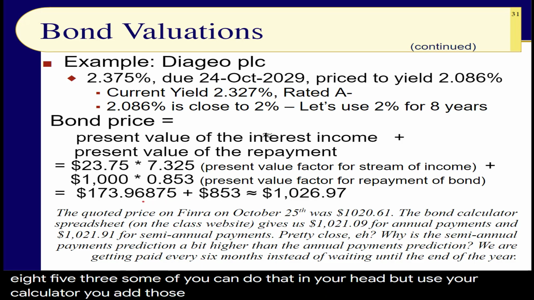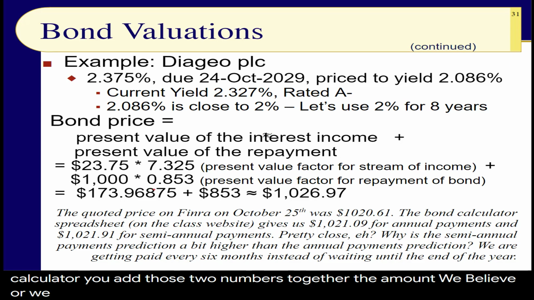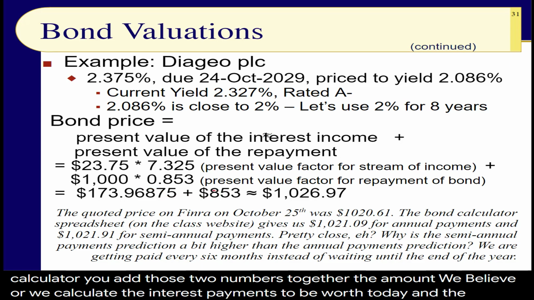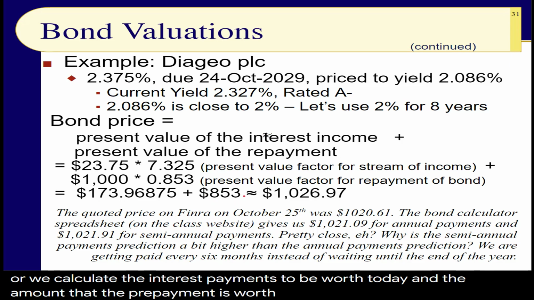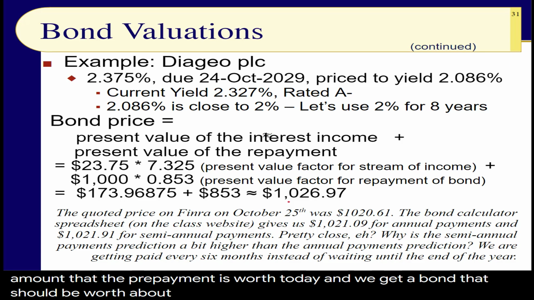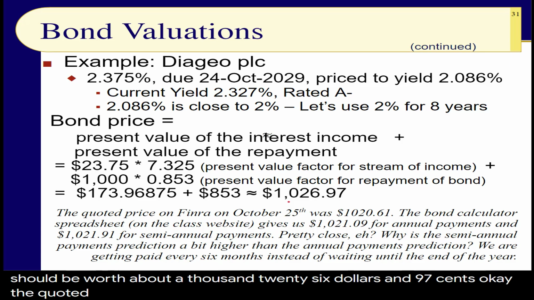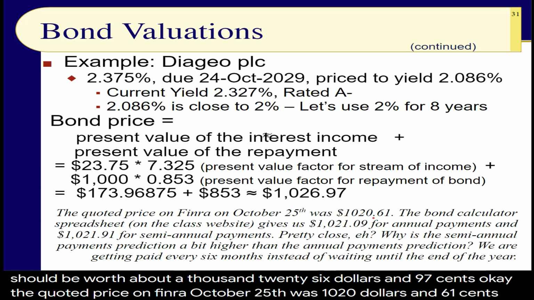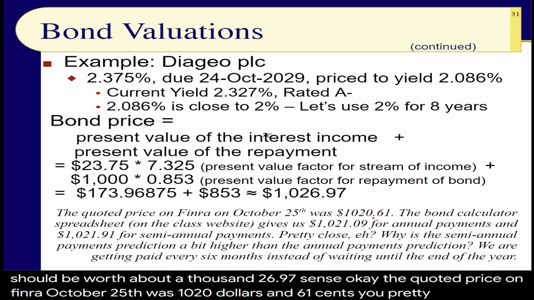You add those two numbers together, the amount we calculate the interest payments to be worth today, and the amount that the repayment is worth today, and we get a bond that should be worth about $1,026.97. Okay. The quoted price on FINRA October 25th was $1,020.61. You're pretty darn close, right?